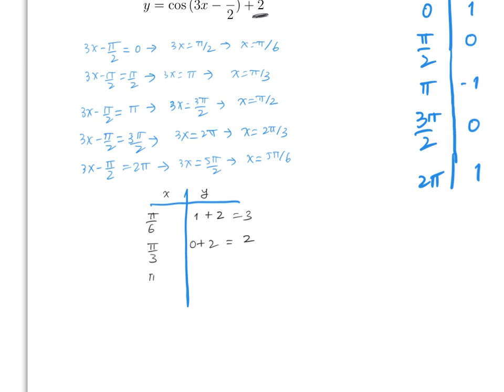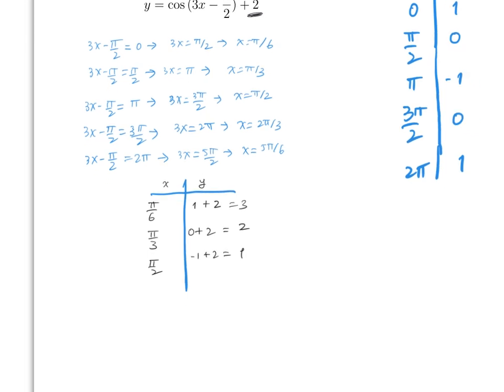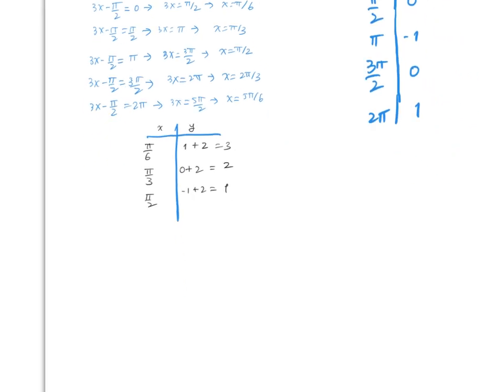The next one is pi over 2, so that will give you minus 1 plus 2, which is 1. The next one is 2 pi over 3, so this will give you 0 plus 2, which is 2. And then finally you're going to have 5 pi over 6, which will give you 1 plus 2, and it goes back to 3.